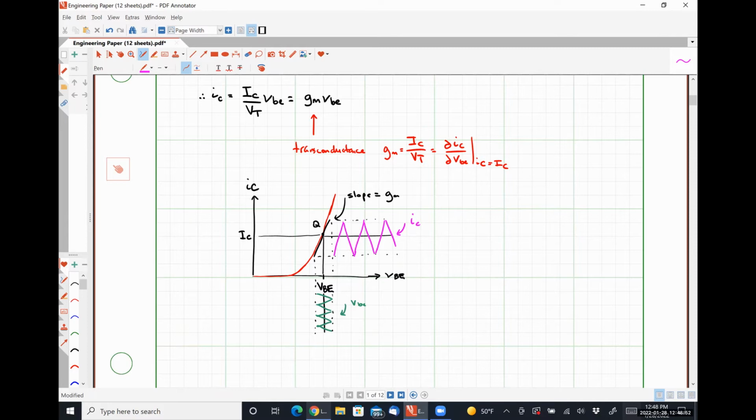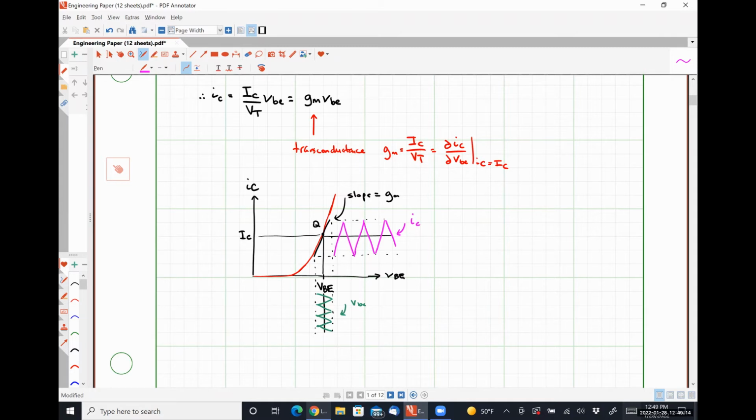Okay. So to this point, we have effectively just been talking about our transistor's ability to generate some small signal current at the output.